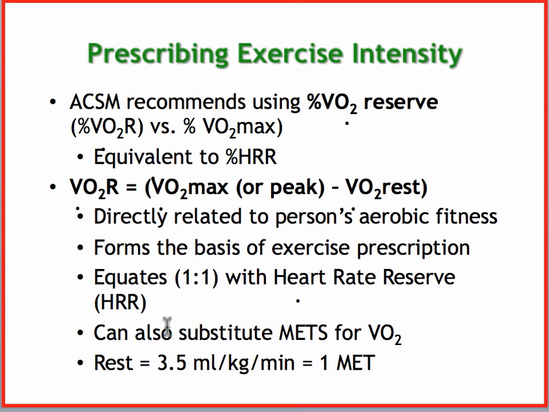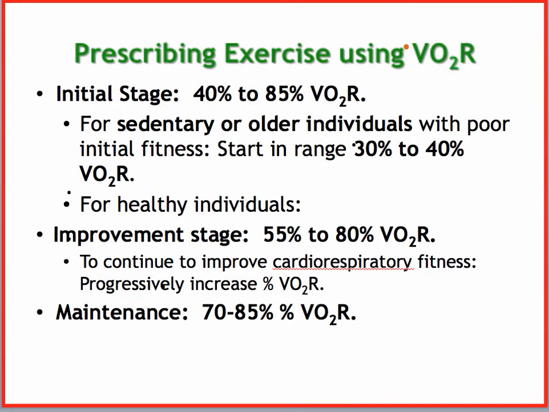You can also substitute METs, metabolic equivalents, for VO2. And remember, one MET is 3.5 mils per kilogram per minute VO2. So it's pretty easy if you're using METs to move into VO2, and also to prescribe that according to heart rate. We'll show how to do that.